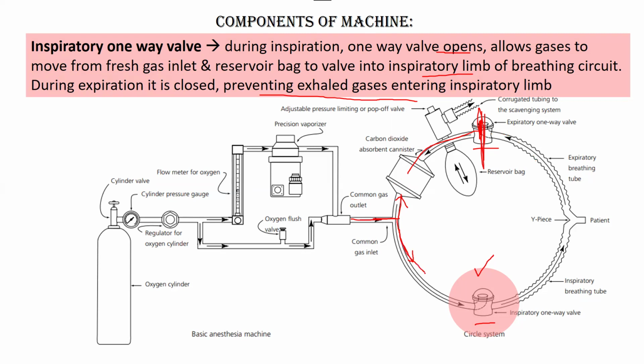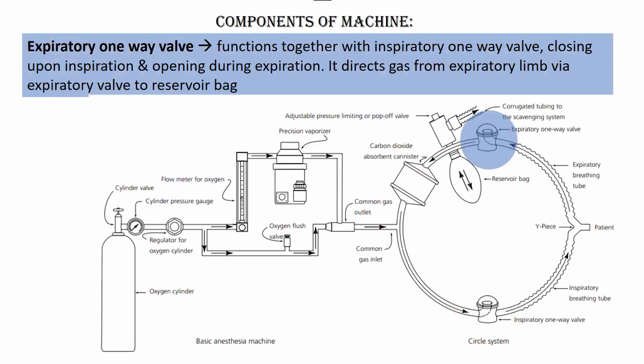So it will basically move in this direction into the patient's mouth. So during inspiration, the inspiratory one-way valve is open, but the expiratory valve is closed. But when the patient exhales, the reverse will happen, and we will see that in the next slide on the expiratory one-way valve. So when it functions, what will happen?